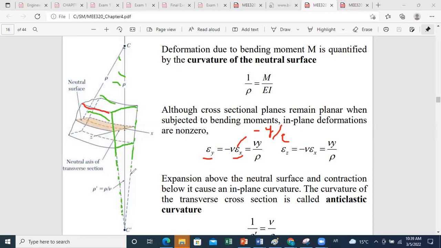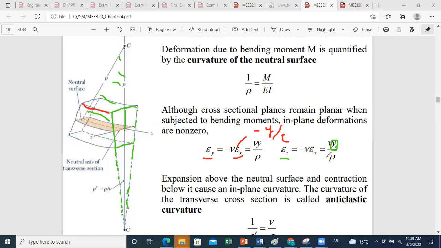All I have to do is just look at my expression. Okay, I have that epsilon z is equal to Poisson ratio times y over rho. Okay, already when y is positive, I have positive value of epsilon z because this is expected, because above the neutral axis, I will have increase in length, and below it, I have reduction in length.